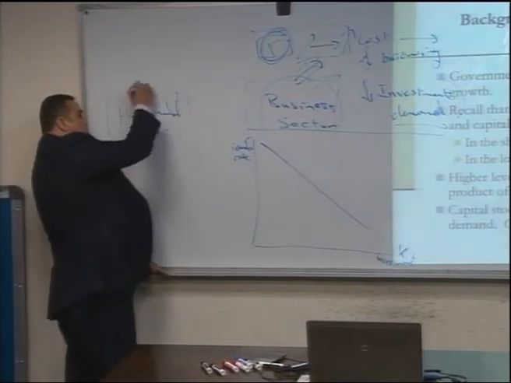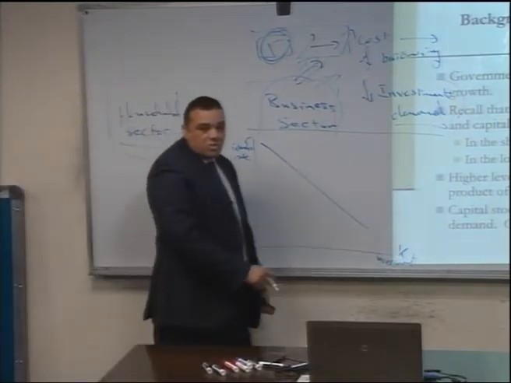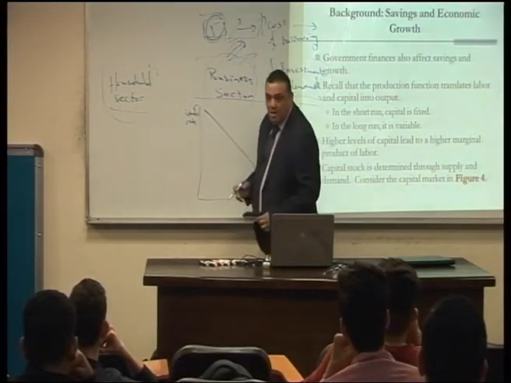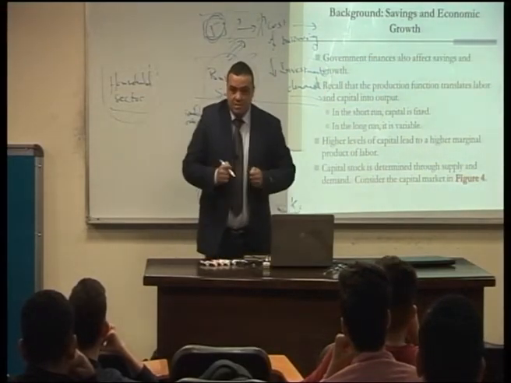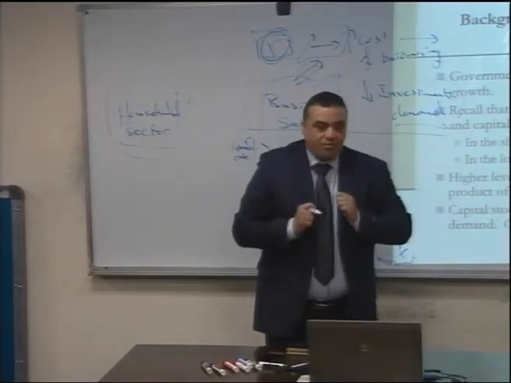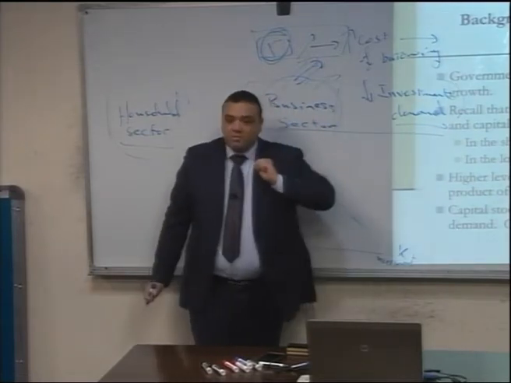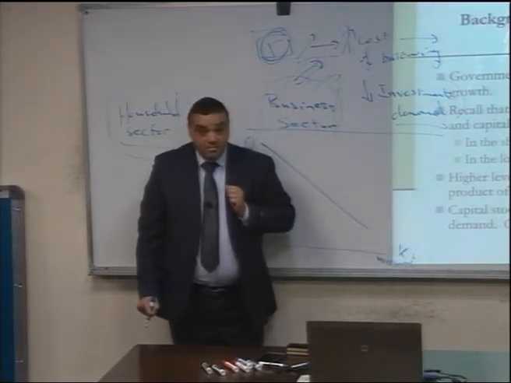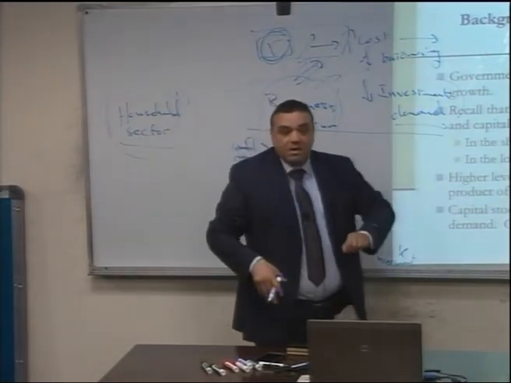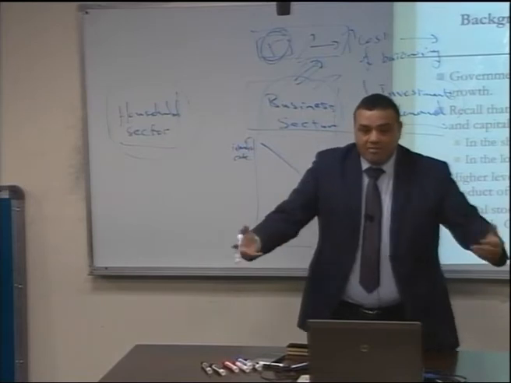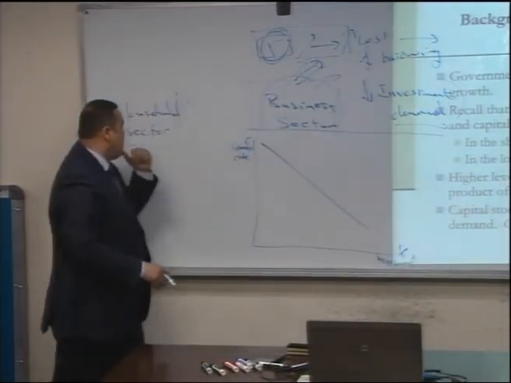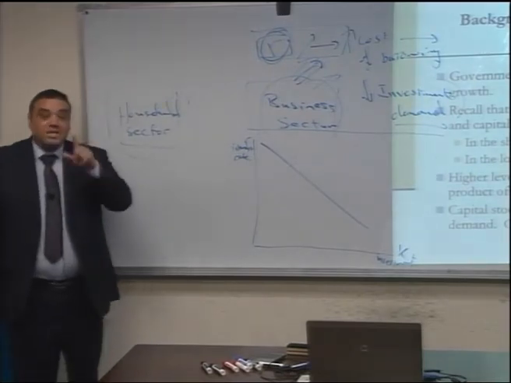What about the households here? The households, the consumers, are the lenders. They have money to lend to the business sector. There are others, like the government, but here we're talking about a very simple economy with no government: two sides, the business sector and households.